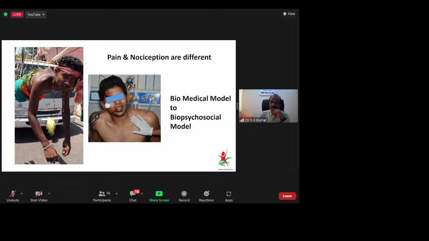Previously, we were all dependent on the biomedical model. We believed that nociception and pain are the same: if there is any stimulus, the patient should suffer, and if there is any suffering, there should be some stimulus. That was the thought. Now that has changed to the biopsychosocial model. Why am I emphasizing this? The biomedical model taught us that giving one drug brings pain relief.